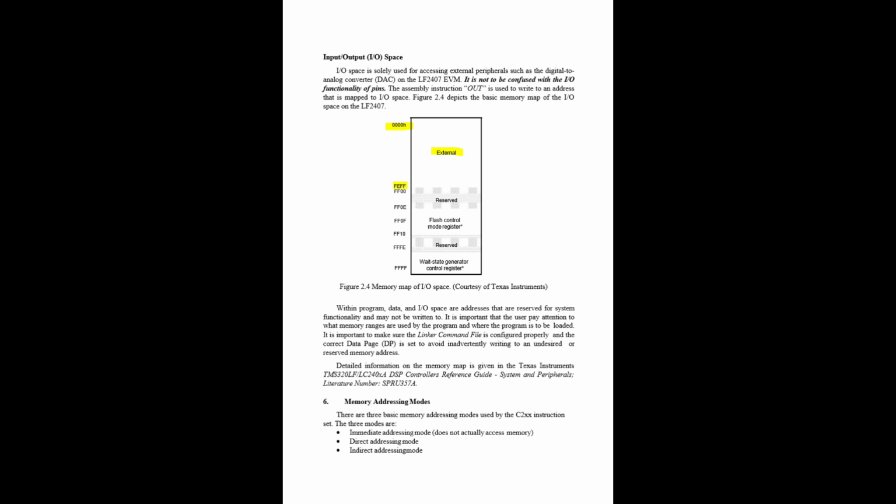This is the space for your input-output devices, the memory map of input-output devices. This is a complete architecture explanation of the TMS320 LF2407 DSP controller, and event managers A and B are also elaborately explained.